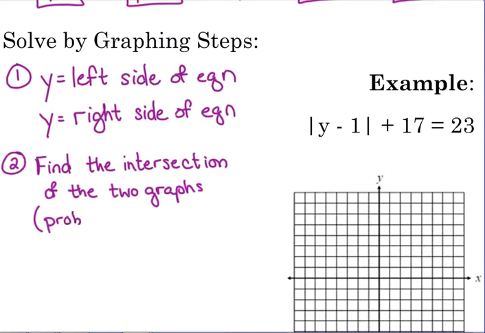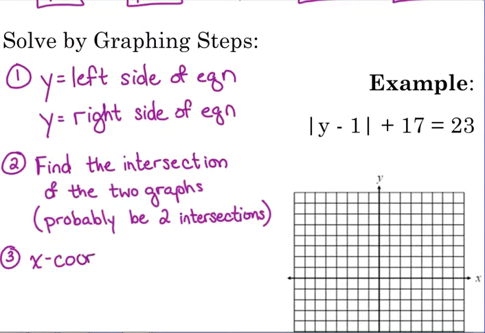There will probably be two intersections with these, because all the answers that we've gotten so far, we've gotten two answers. So there will probably be two intersections that you're looking for. The x-coordinates are your answers.